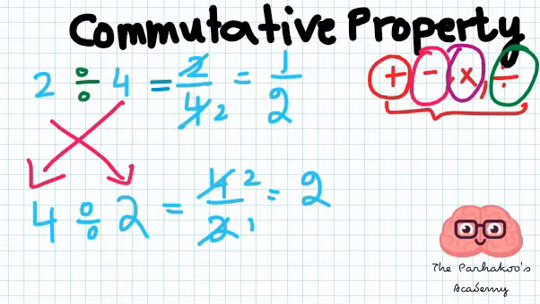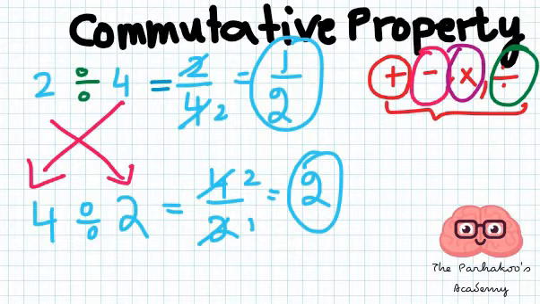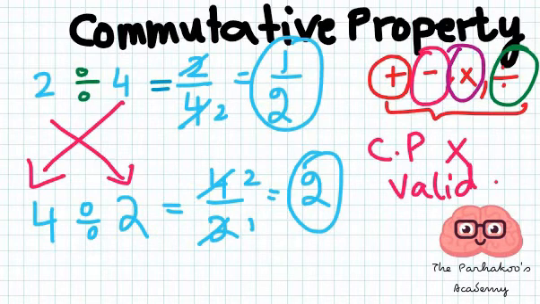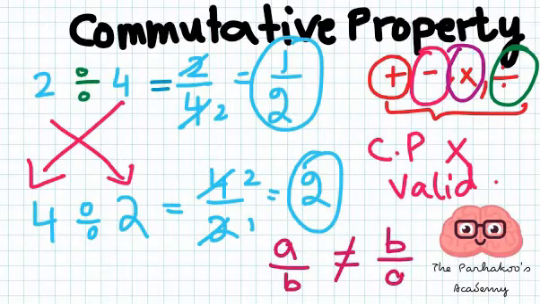So here order matters, right? By changing order, the result changes. So in division as well, the commutative property is not valid. You can write it generally as A upon B is not equal to B upon A.